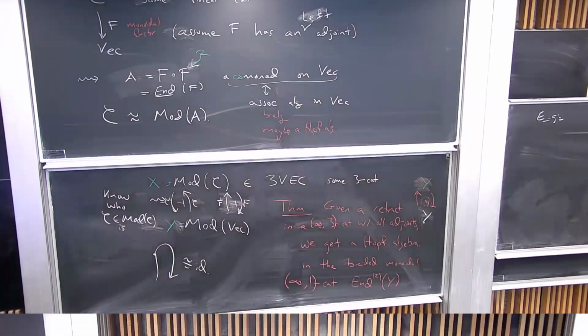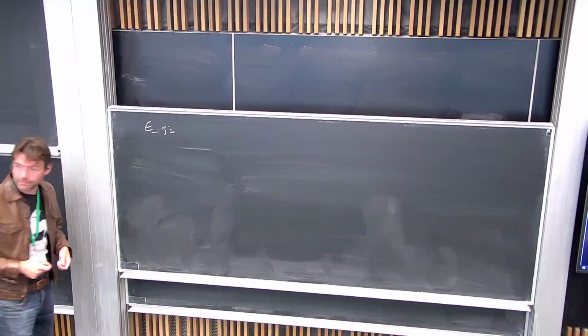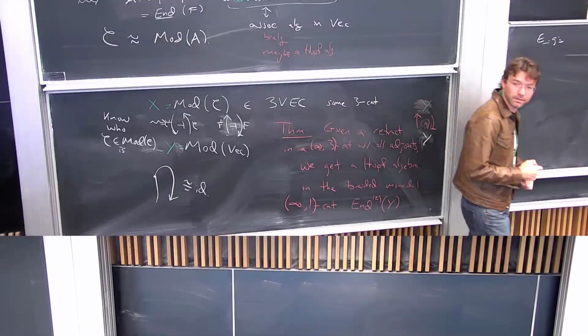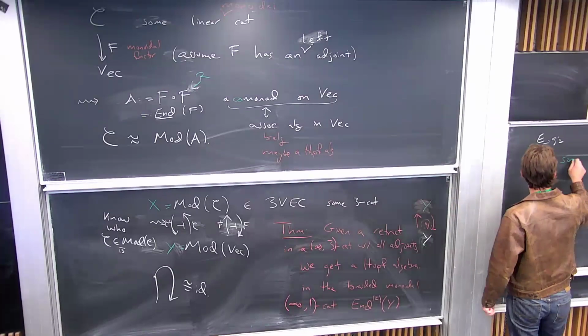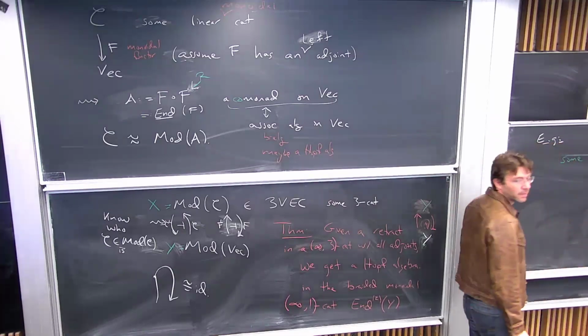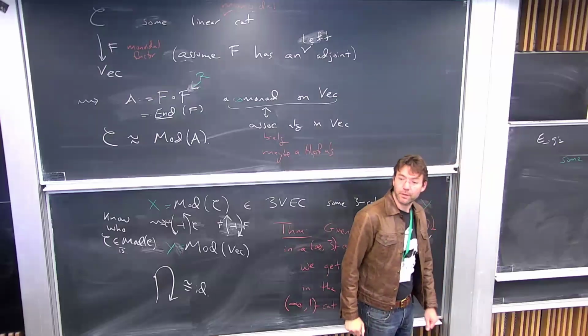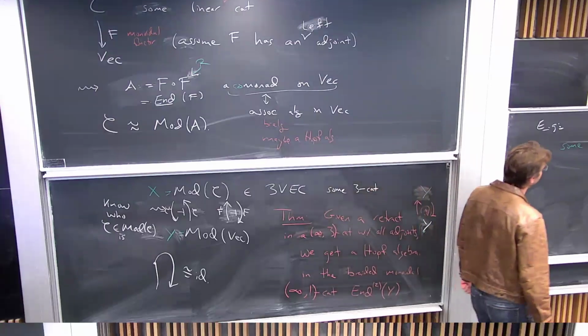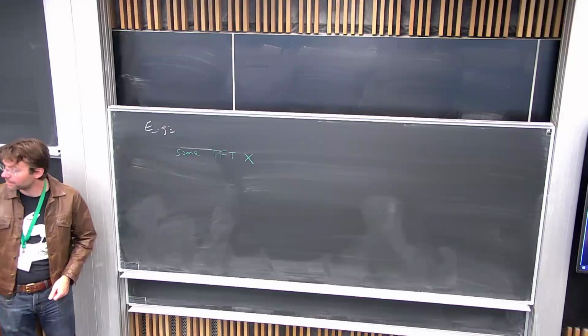Right, so you might have the following situation. You might have some topological theory that you like, and you might know some boundary conditions for it. A typical situation is maybe, for instance, a sigma model.